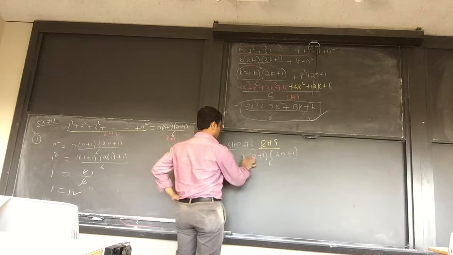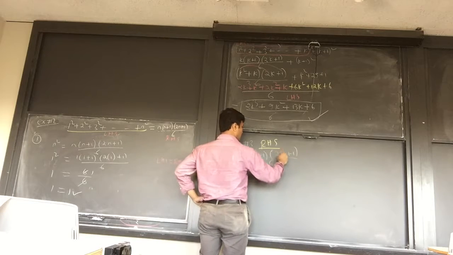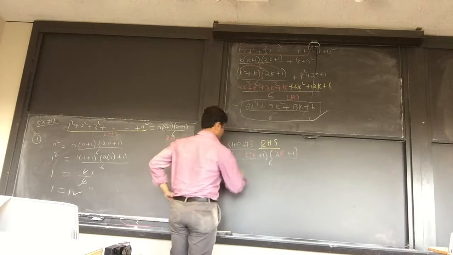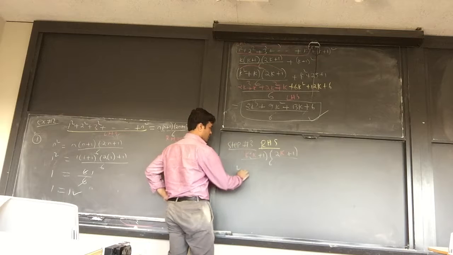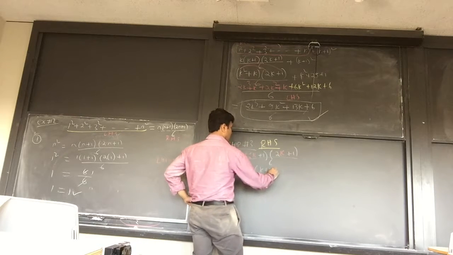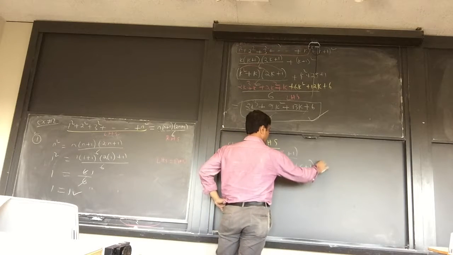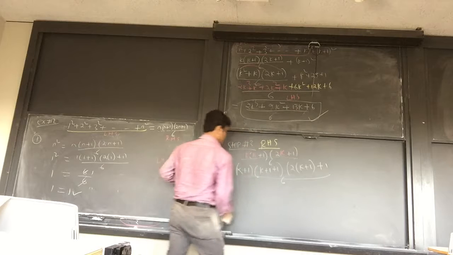So here where you see n, you write k plus 1: (k+1)((k+1)+1)(2(k+1)+1) over 6.